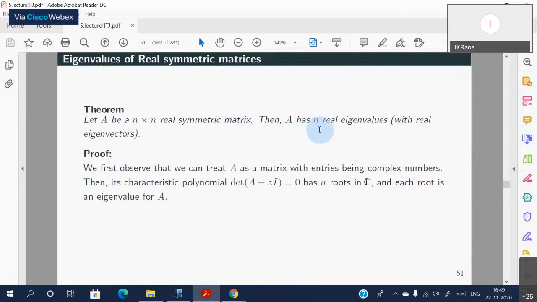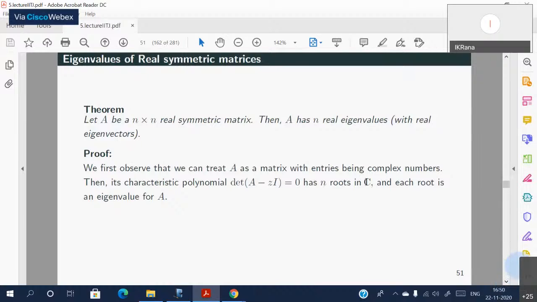Then A has n real eigenvalues with real eigenvectors. So it will have n eigenvalues and n eigenvectors. Let us see why it is so.